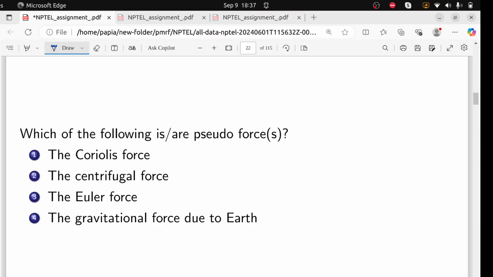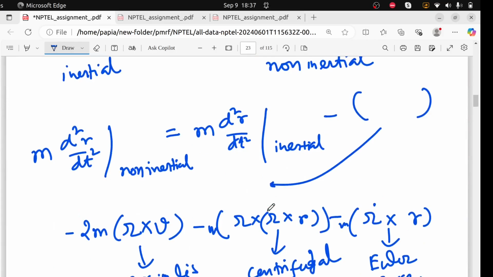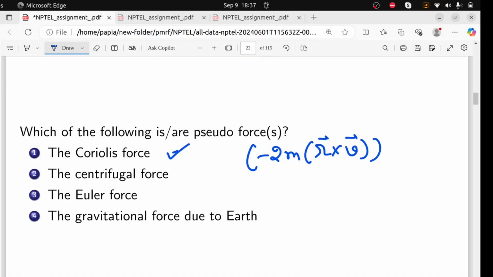Now, which of the following are pseudo forces? Coriolis force, and the expression is minus 2m ω cross v. Just make sure that all the terms are in vector notation only. Then the centrifugal force is also fine, because it is ω cross (ω cross r).